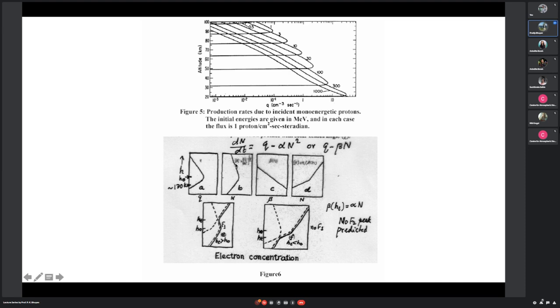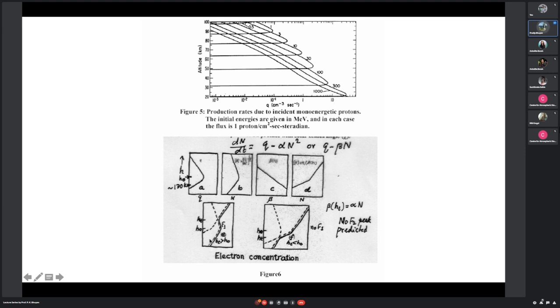But if it is less than somewhere here, then it will continue to increase. That means if your transition height is at a lower height compared to your H naught, that is the maximum height of ionization, then it will continue to increase.